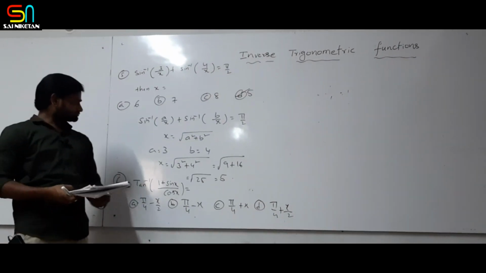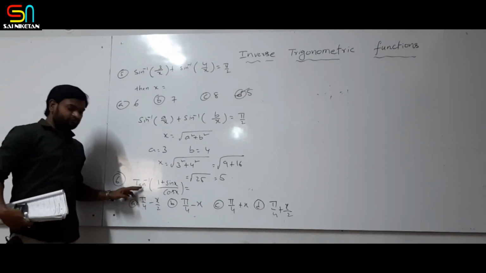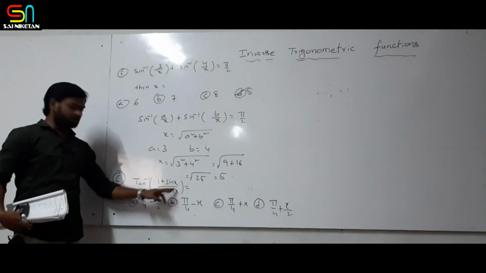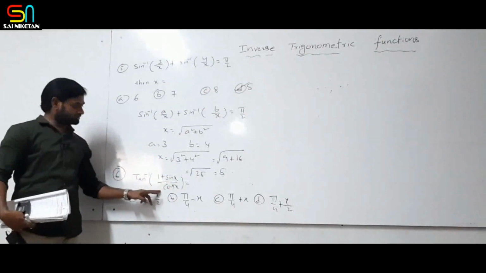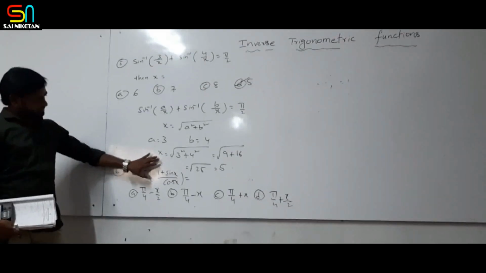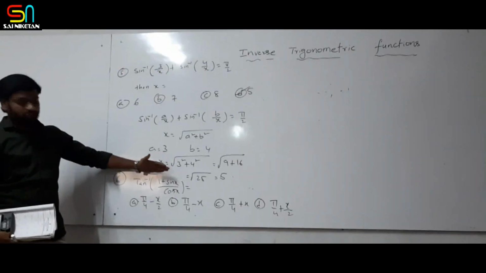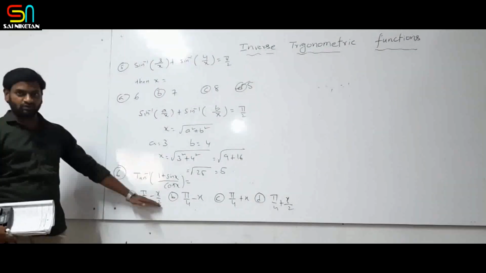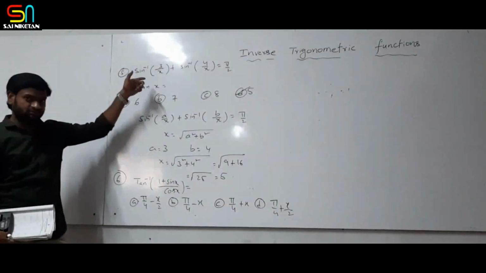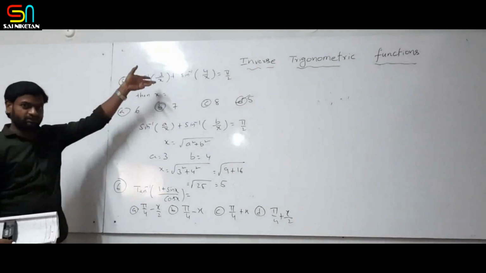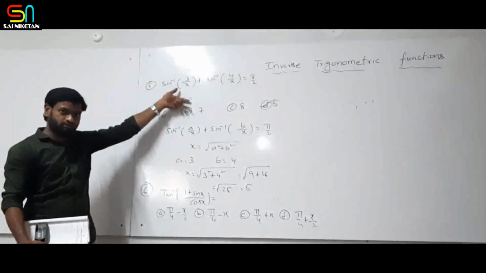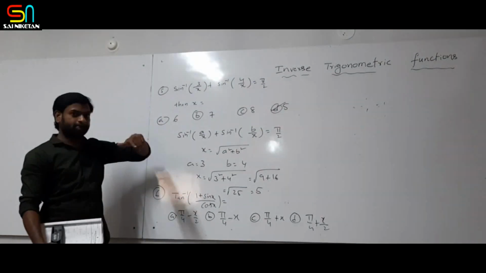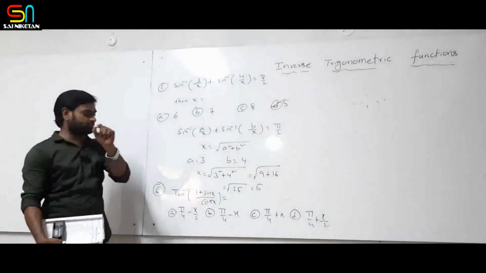Now see, we have to find the value of tan inverse of (1 plus sin x) by cos x. If you observe here, in the question the term x is there, and in the options also the term x is there. Just like when we had a and b in the question and also a and b in the answer, there we assigned some values to a and b.